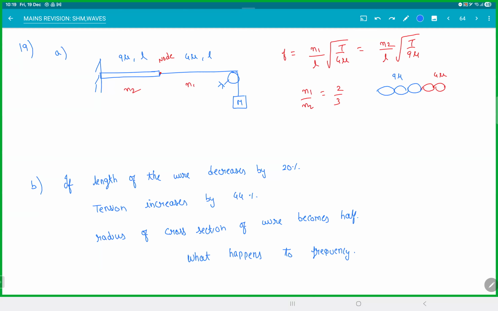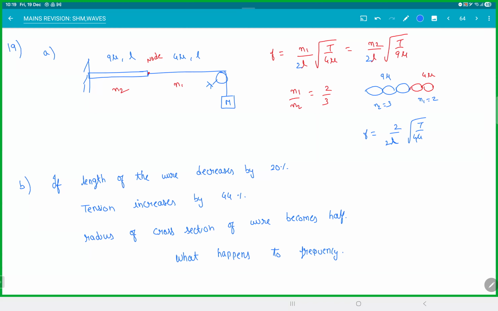So that will be the fundamental frequency of the system. Is that making sense? So when n1 is equal to 2 and n2 is equal to 3, that will be the fundamental frequency. That will be 2 by, I think there's a 12 also here, root over 2 by 4 mu. Done. What happens to the frequency?